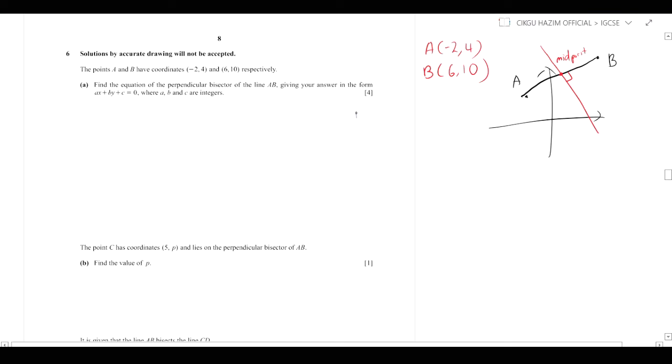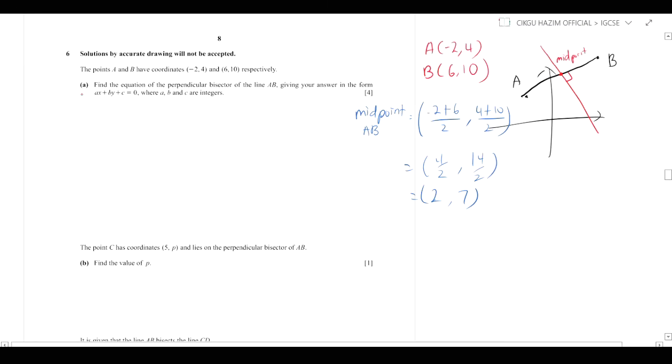I'll calculate the midpoint of AB: negative 2 plus 6 over 2 and 4 plus 10 over 2, which is 4 over 2 and 14 over 2. We have 2 and 7. Okay, that's the midpoint.